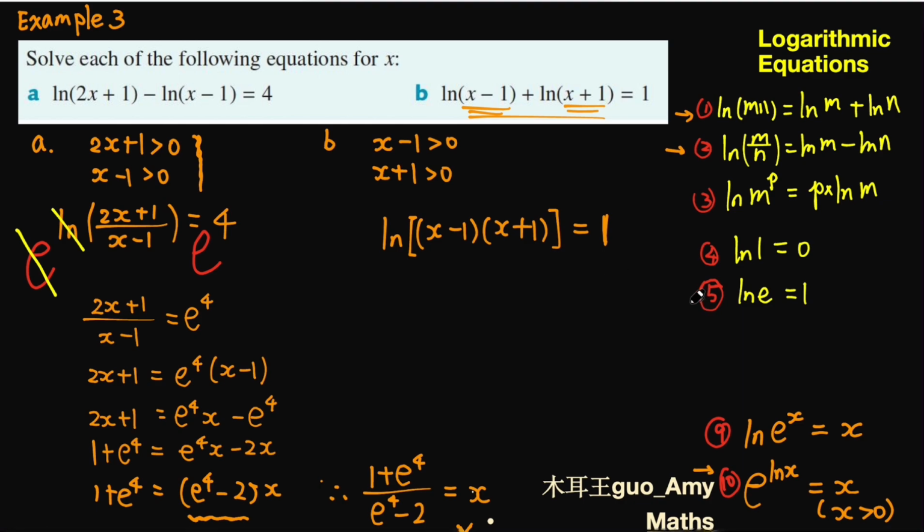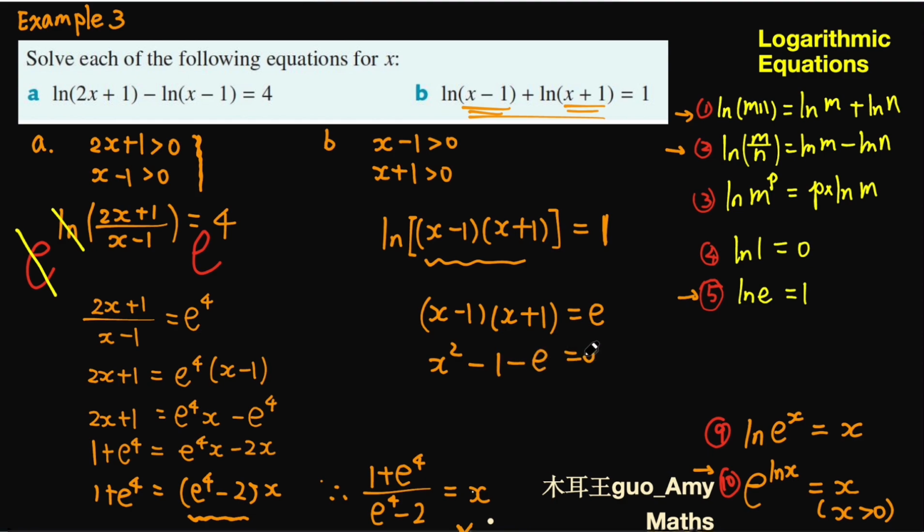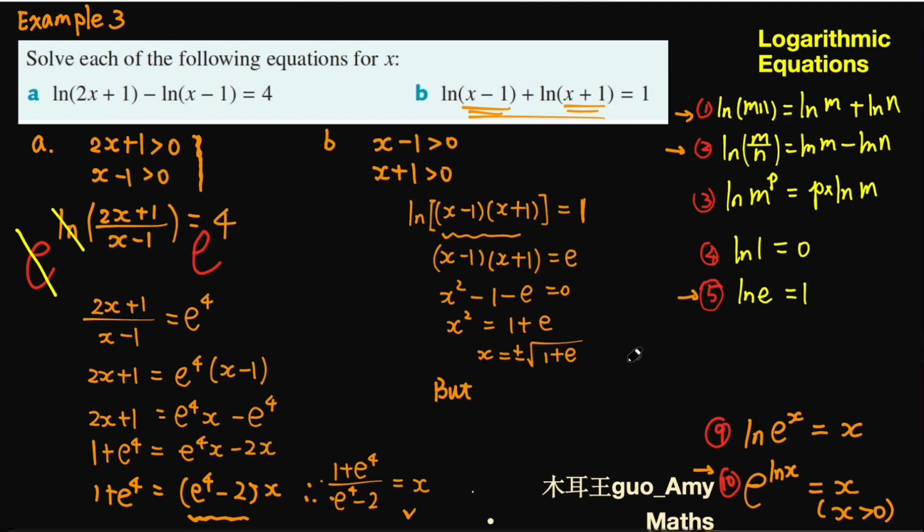Because the result is 1, we can use the fifth law directly to know the argument should be e. After that, we have x squared minus 1 minus e equals 0. x squared equals 1 plus e. By taking the square root, we have x equals positive or negative root of 1 plus e.